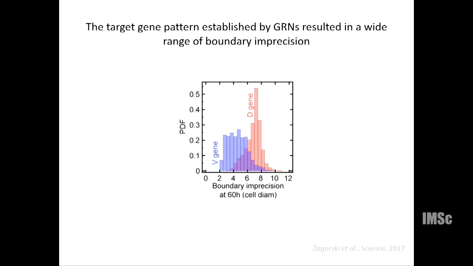I didn't mark the biological value here, but you remember this ±3 cell diameters. It's somewhere here. We could see that a few of the networks could get there, but most of them are actually doing worse. Still, we are in the range of biological parameters.